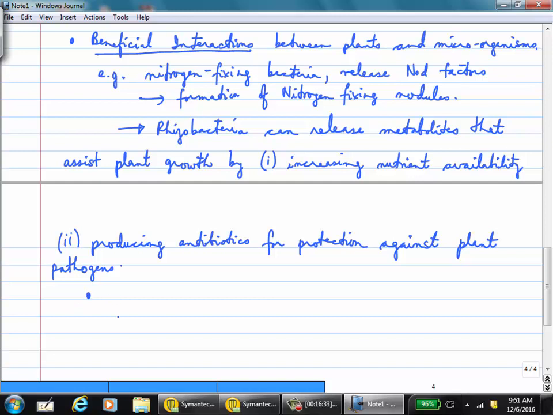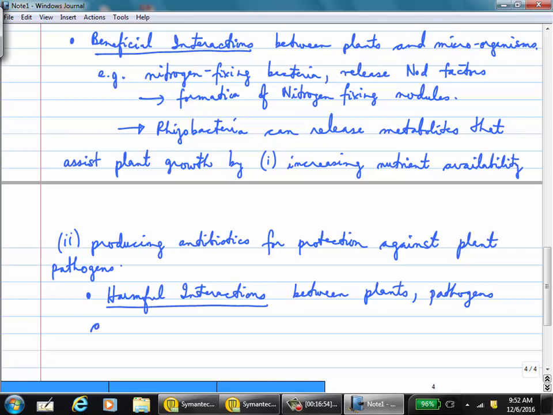So these are the beneficial interactions between plants and other living organisms. But you can also have harmful interactions between plants and pathogens and herbivores.